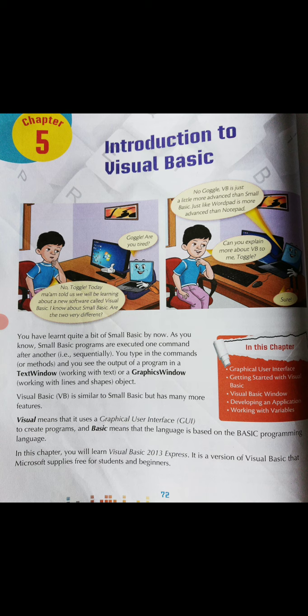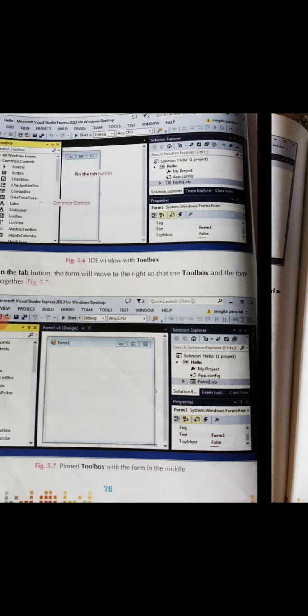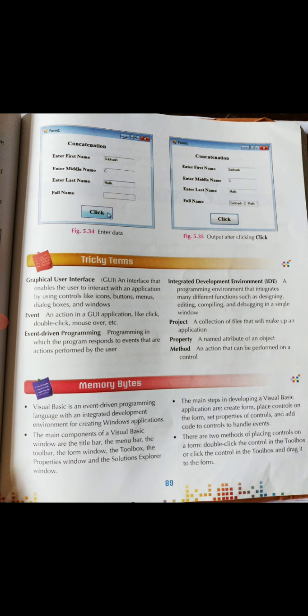Then you write question number 1. I will dictate, so be fast. Question number 1. What do you mean by GUI?